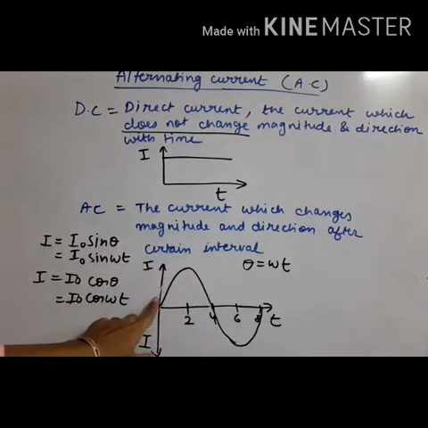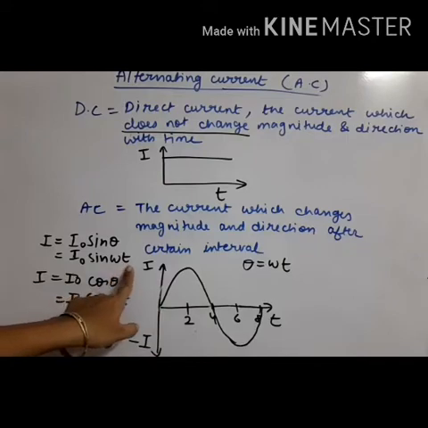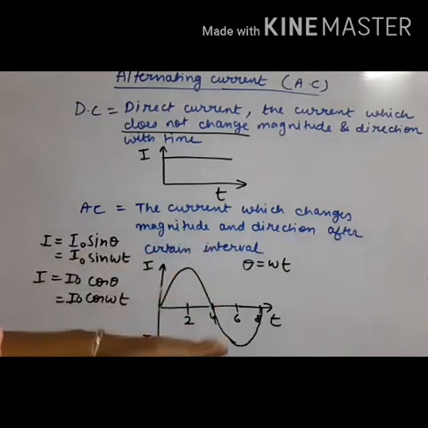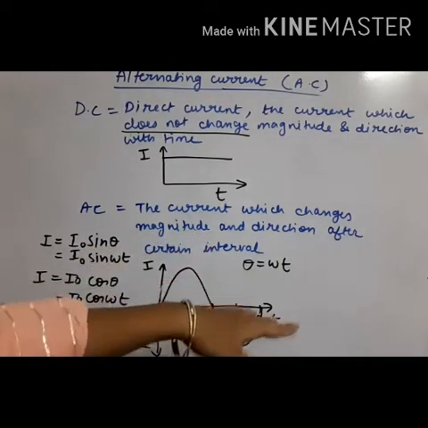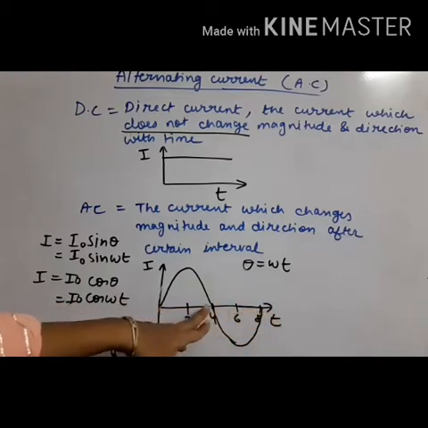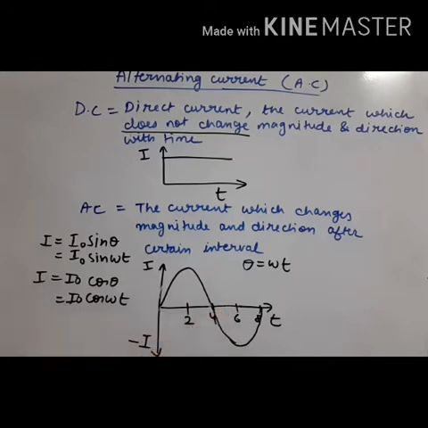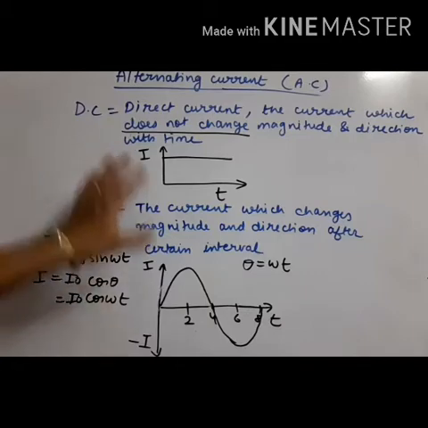We have to choose trigonometric functions which are finite and which change their polarity, or sign, after a fixed interval of time. Now we have to calculate the mean value and RMS value of AC, which we'll be using in numericals and circuits. Note down this whole topic.